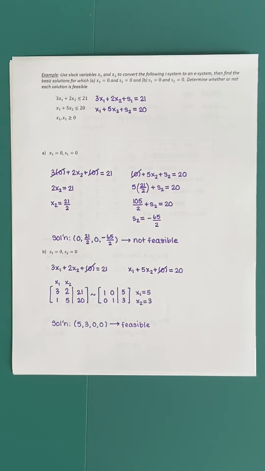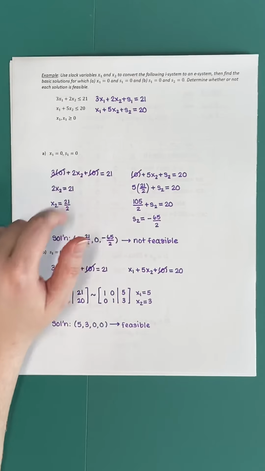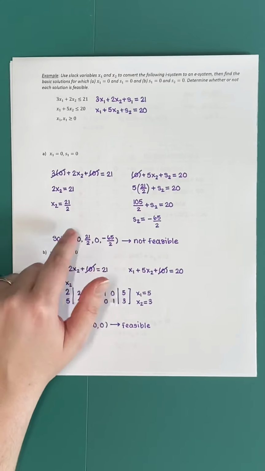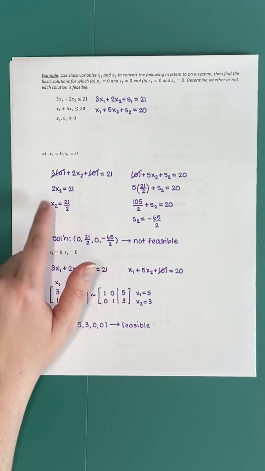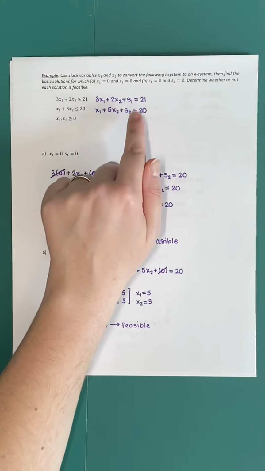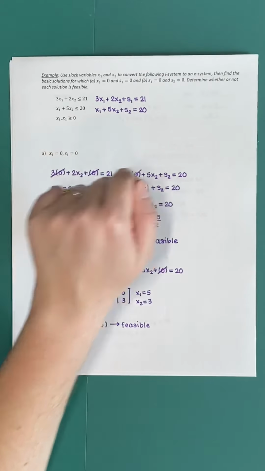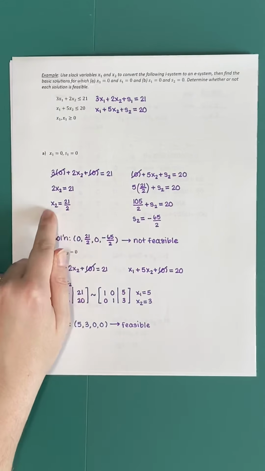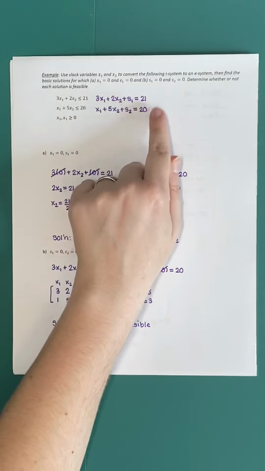So we now actually have 3 out of our 4 values. We know x1 and s1 because they were given. Now we know the value for x2. So all that's left is to find the value for our second slack variable. So I'm going to take what I know. I'm now going to go to the second equation.